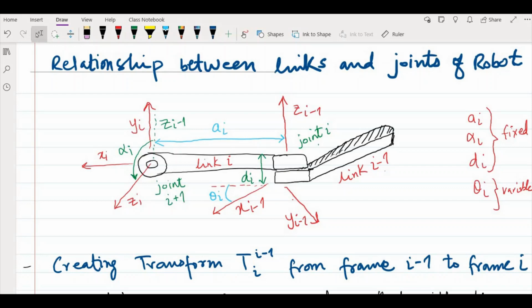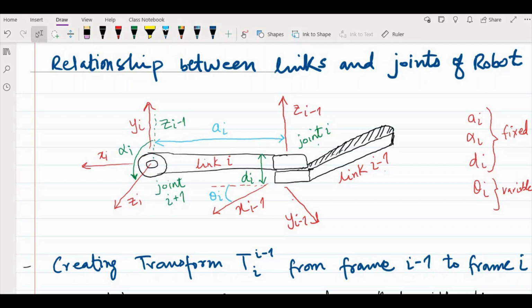Okay, and then we rotate about the x-axis by an angle alpha_i. This is the x-axis, we do a rotation here along the x-axis, and the value of this is alpha_i, which is constant.